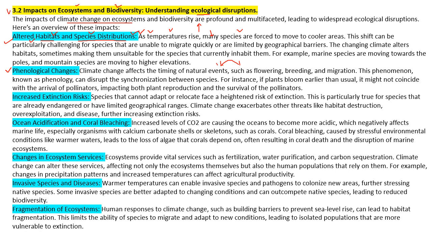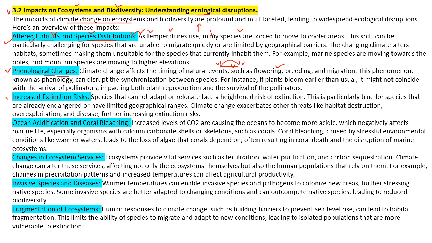When you start the rice, you cut the rice, cultivate the rice. So this is the phenology of the rice plant. When the temperature changes, these phenological changes will be there. It will affect the flowering and breeding time of the plants.